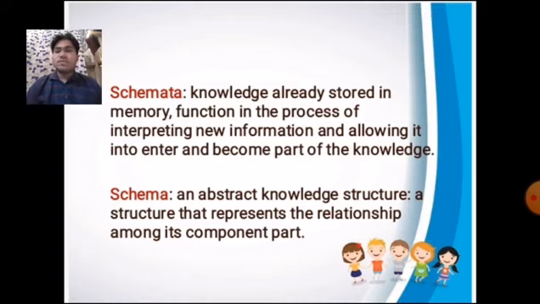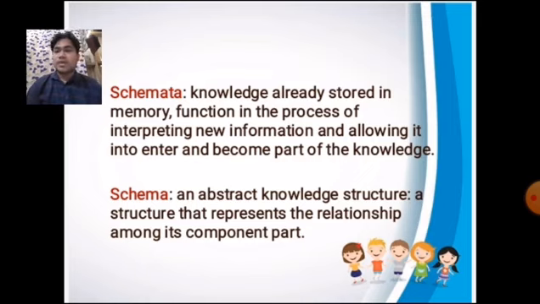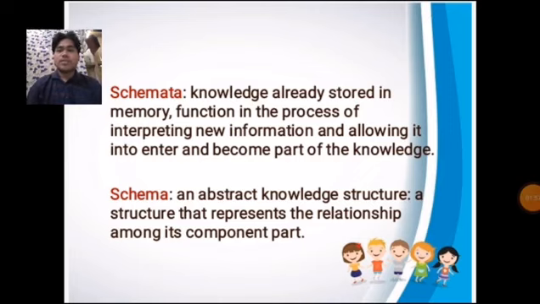Okay, which means schemata is the knowledge already stored in our memory, which is the old information, and it allows new information to enter. For example, you already learned the word kind, and it is your first time to encounter the word kindness. Since they are related, you store in your mind that the word kindness is related to the word kind in meaning.